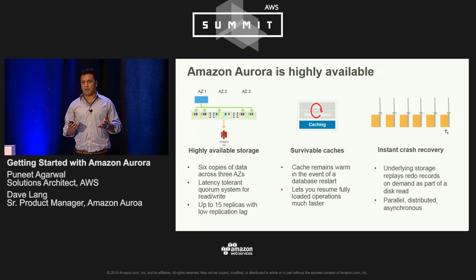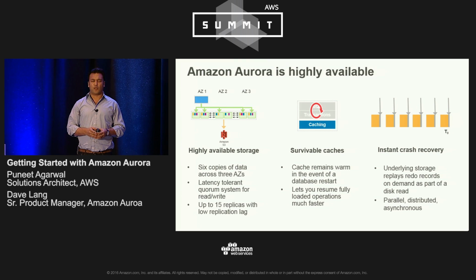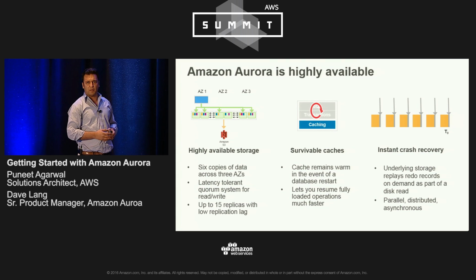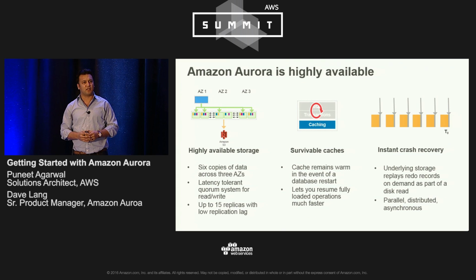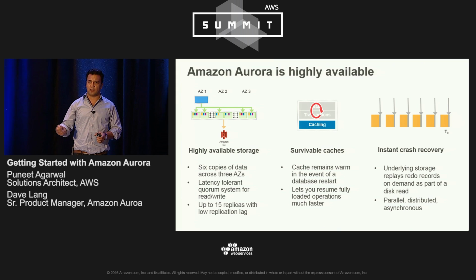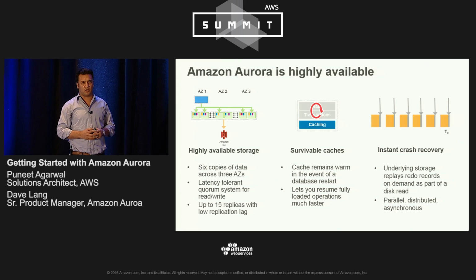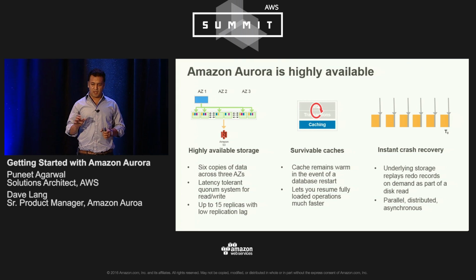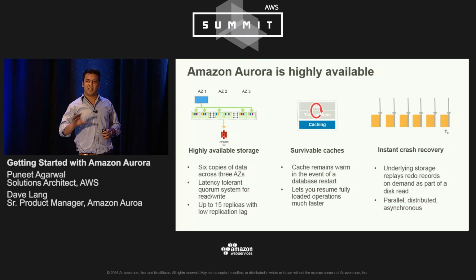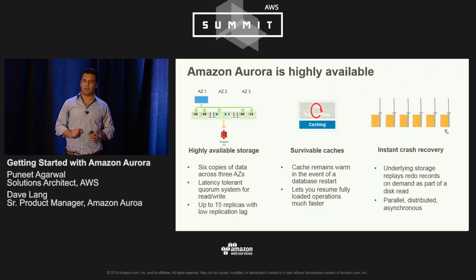Let's say you're running a database in your own data center, and you want to make storage highly available. How would you do that? You would probably open another data center, do some replication on the storage layer, or do some replication on the database layer. You don't have to worry about all that in case of Aurora. In Aurora, storage is highly available by default.